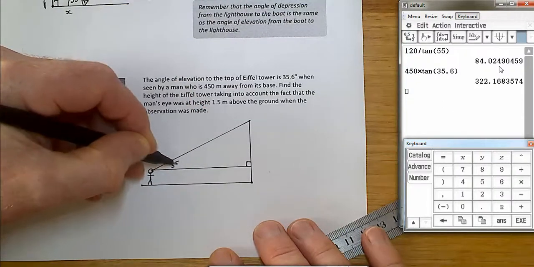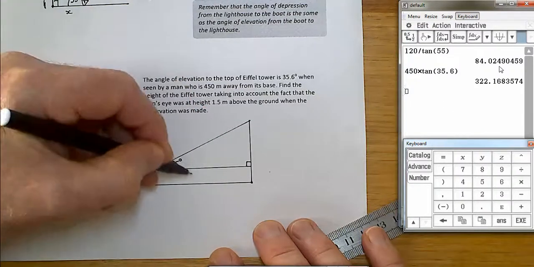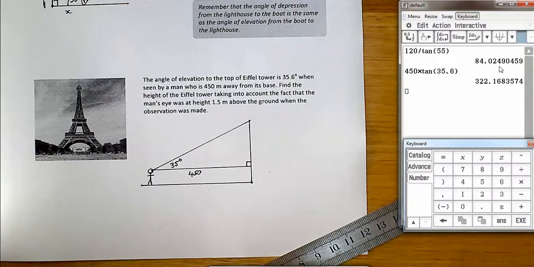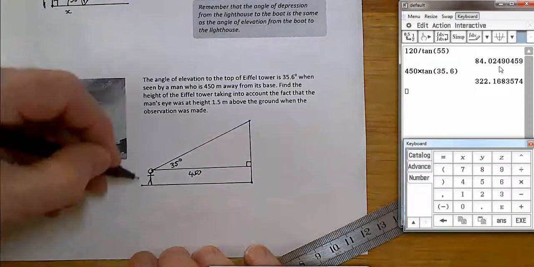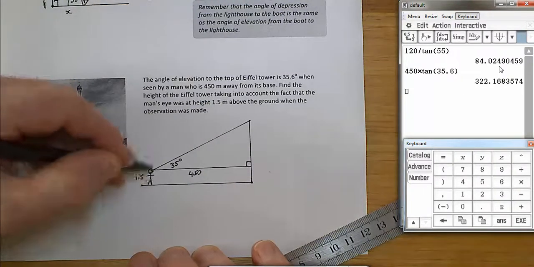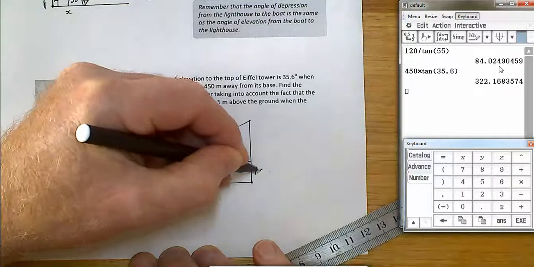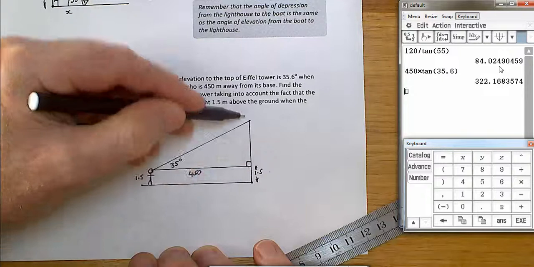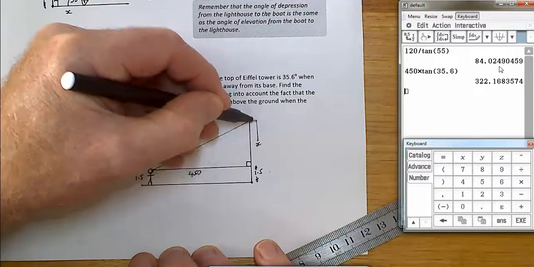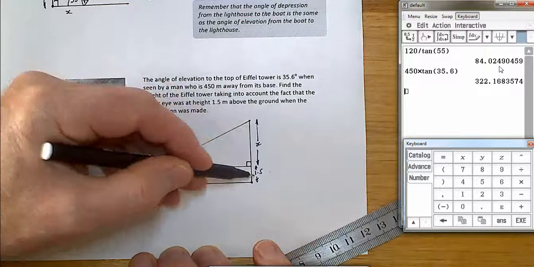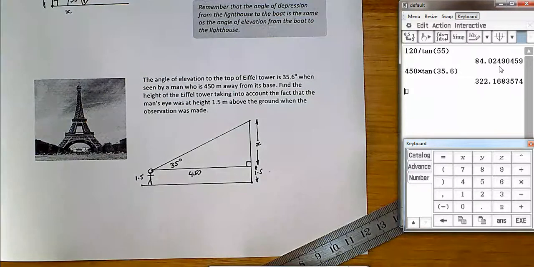That's our 35 degrees. He's 450 metres away, and we have to find the height of the tower, remembering that he's 1.5 metres in height. So if he's 1.5 metres there, I guess this is 1.5 metres just here, we can use this triangle here to work out the height of the tower here, but the overall height will be this plus an extra 1.5 metres, won't it?